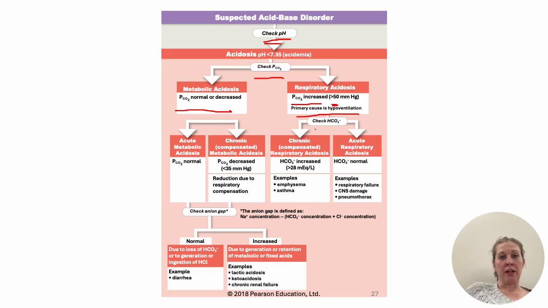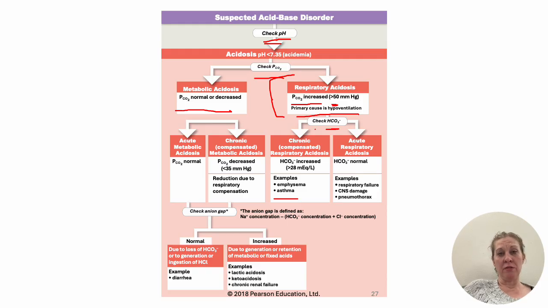So let's say it is increased, right? Your partial pressures of carbon dioxide are increased, so we know it's a respiratory acidosis in that case. So next you're going to check the levels of bicarbonate, and if the bicarbonate is increased, we know we have a chronic compensated acidosis. So examples would be emphysema or asthma.